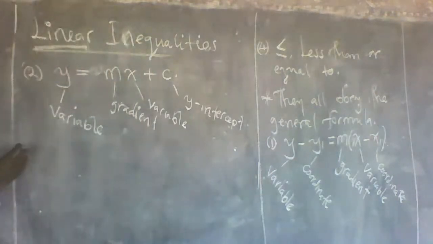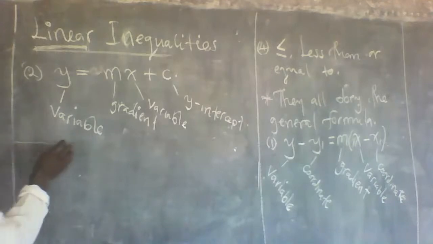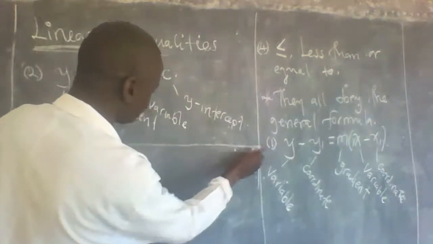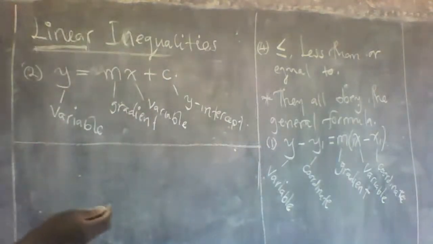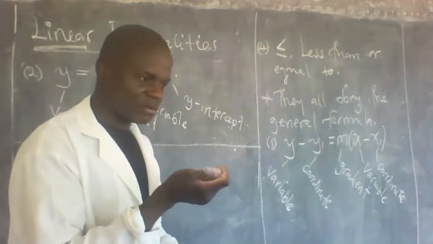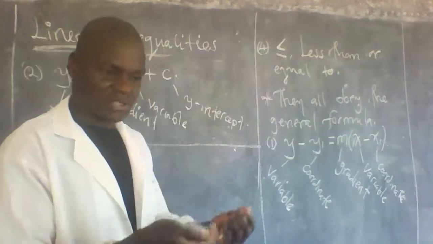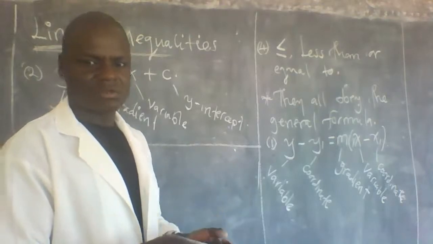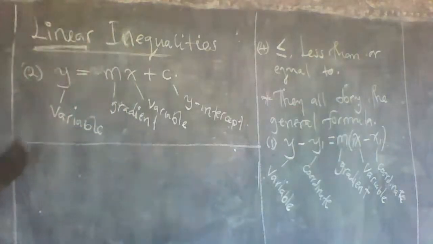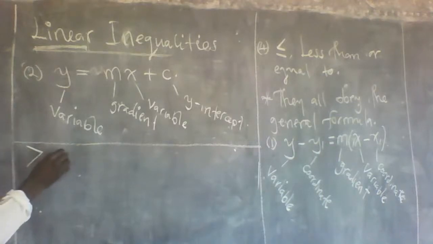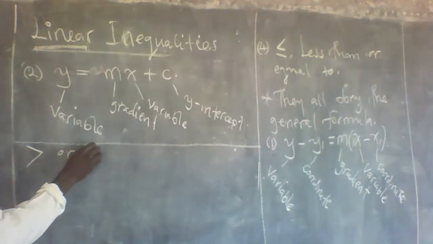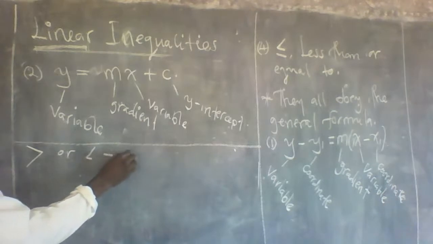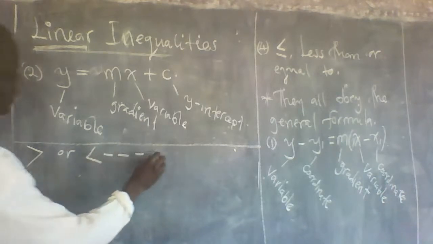So with all that said, I'm going to give exam tips that will contain the type of symbol used, and then, if you're given a symbol, the type of line that you're supposed to draw. So if you are given either greater than or less than, the type of line you need to draw is a dotted line.